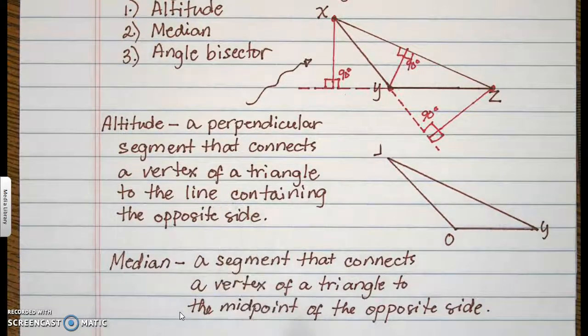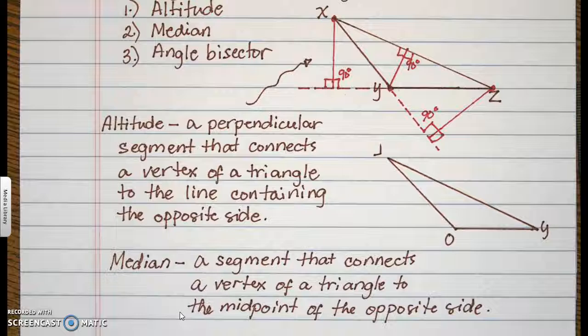We now go to the second one, which is the median. The median is a secondary part of a triangle that is a segment that connects a vertex of a triangle to the midpoint of the opposite side. So let us begin.